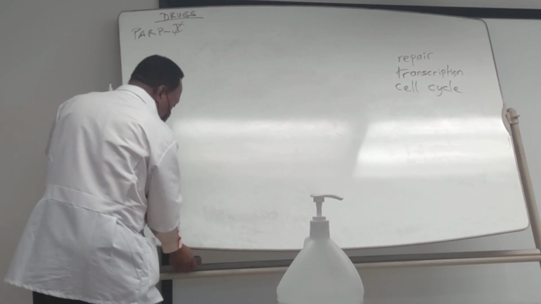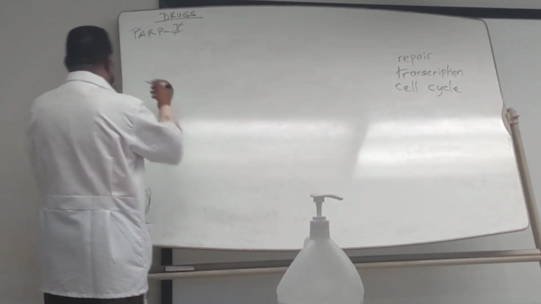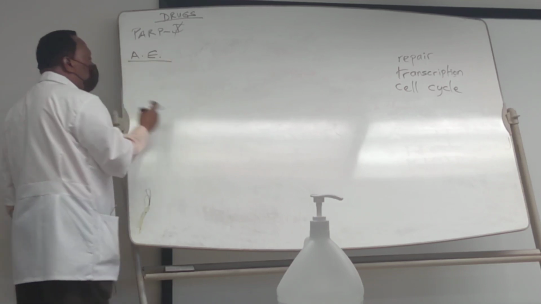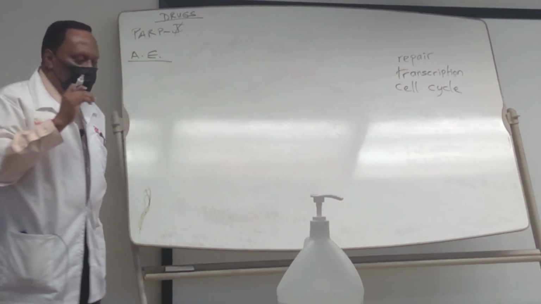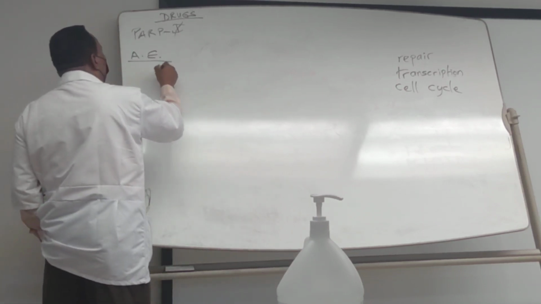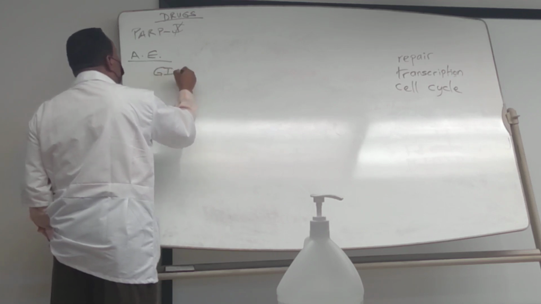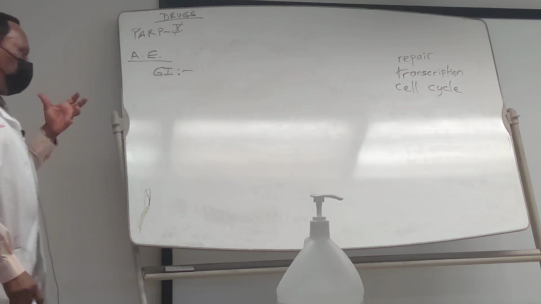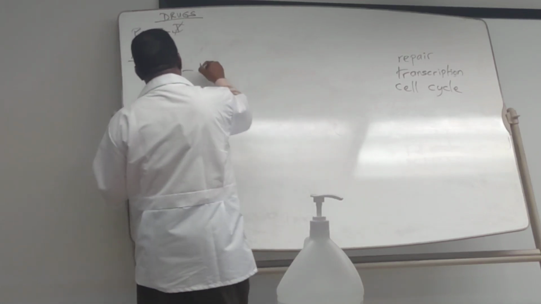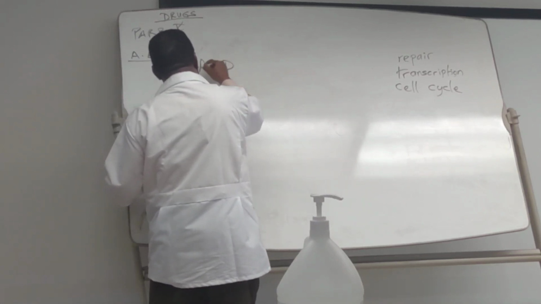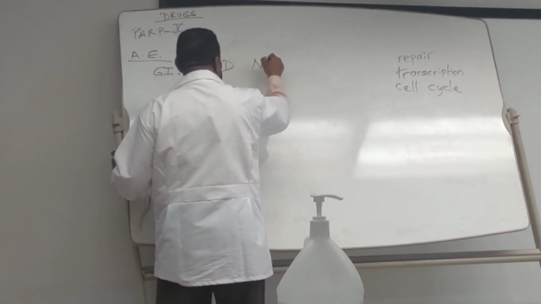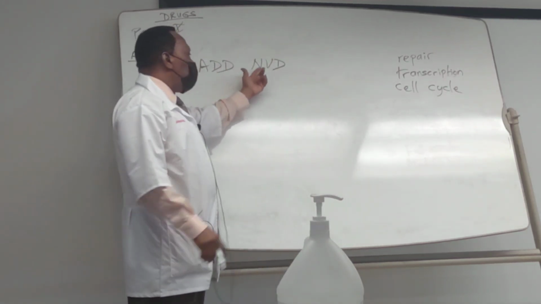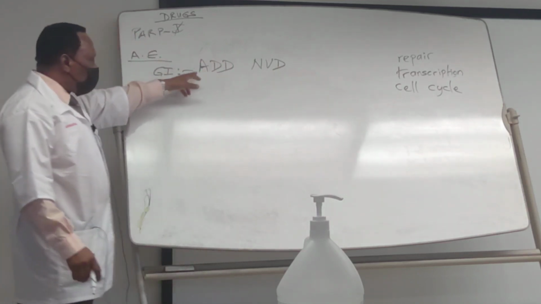And then for adverse effects of olaparib, it has a lot of GI-related adverse effects, and those are very prominent. Of course, you know that's nausea, vomiting, diarrhea.